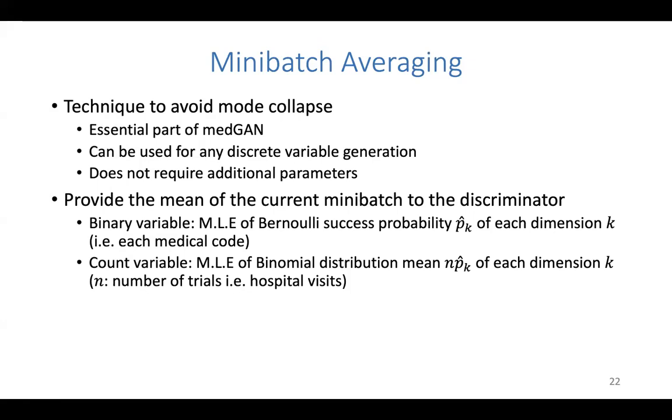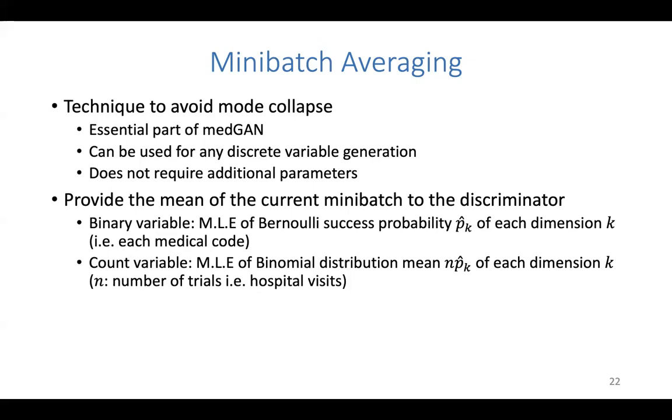The MedGAN could learn to generate a single row in the entire table, filled with the same value for all the rows, which can fool the discriminator. So it can easily happen.